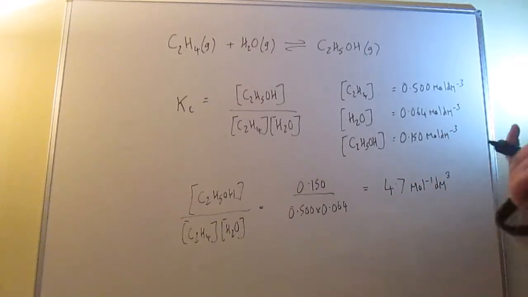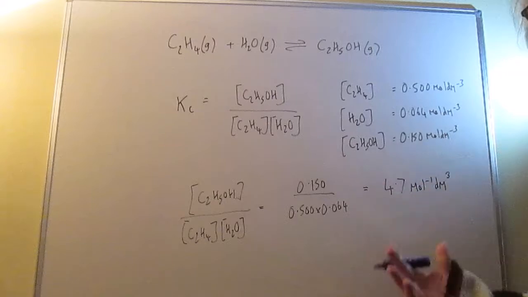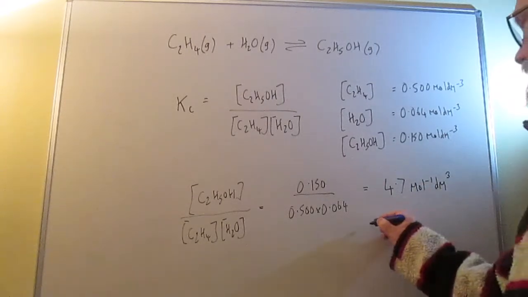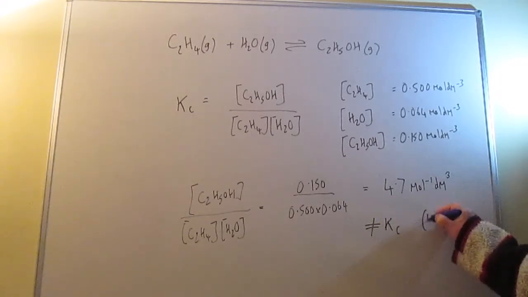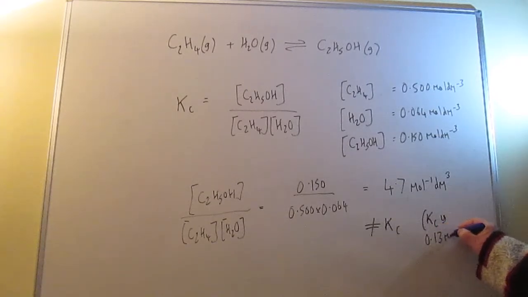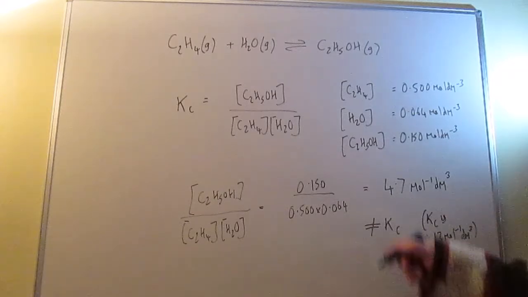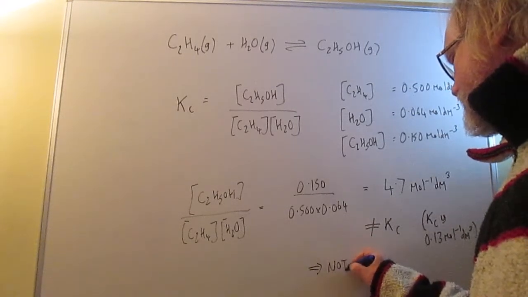And the point is that that is not equal to Kc. That would be equal to Kc if it was at equilibrium, but the point of the question is that that's not equal to Kc because it tells you that Kc is 0.13 moles to the -1 dm cubed. It's not equal to that, and so you have to explain that that means that it's not at equilibrium.